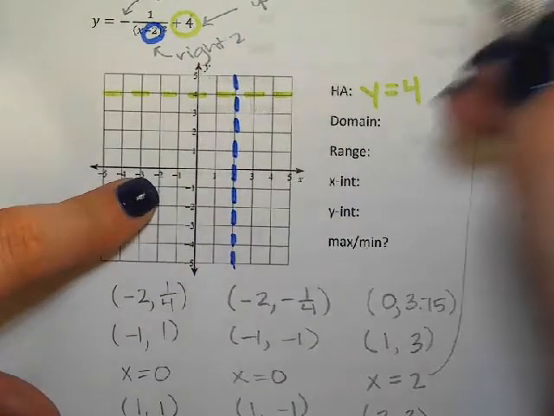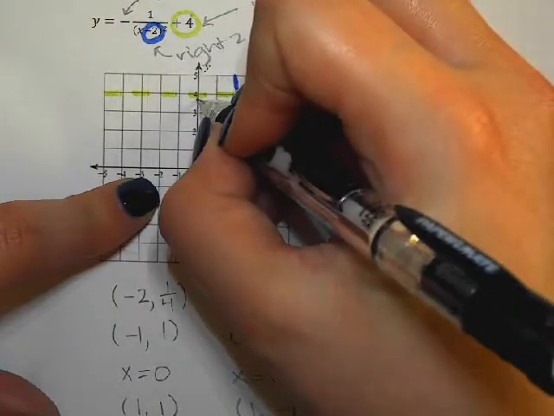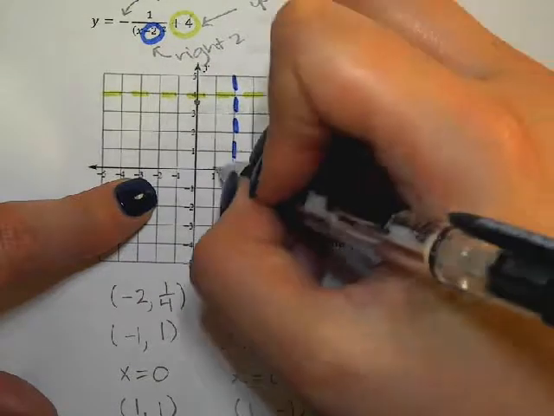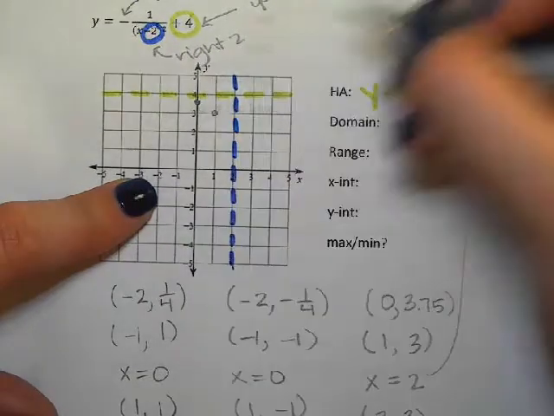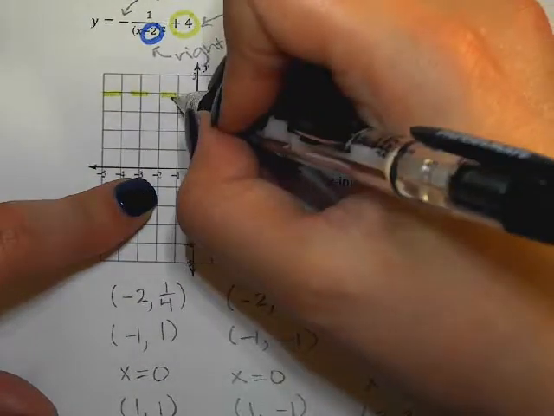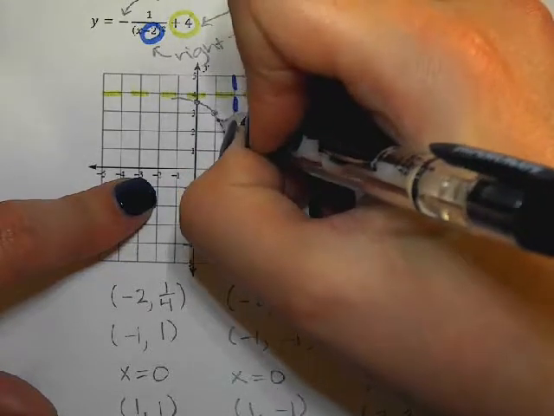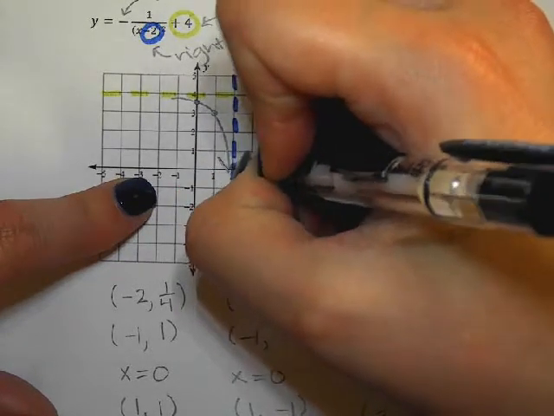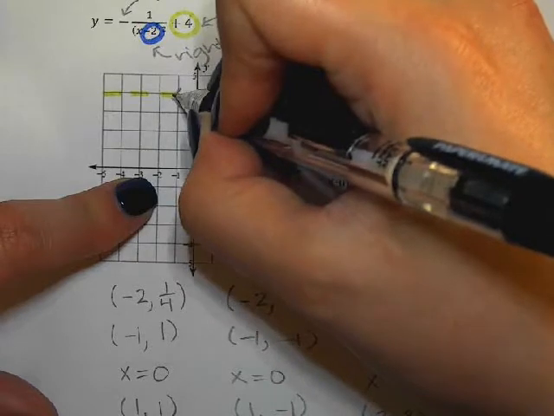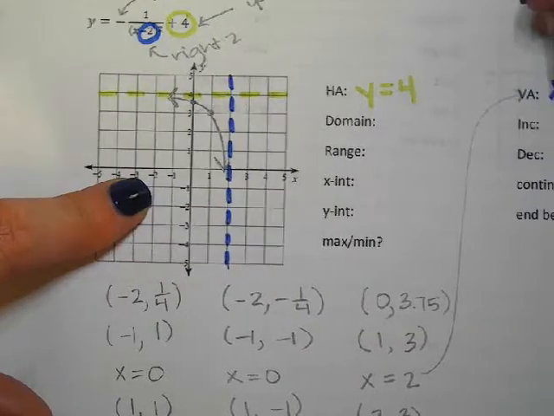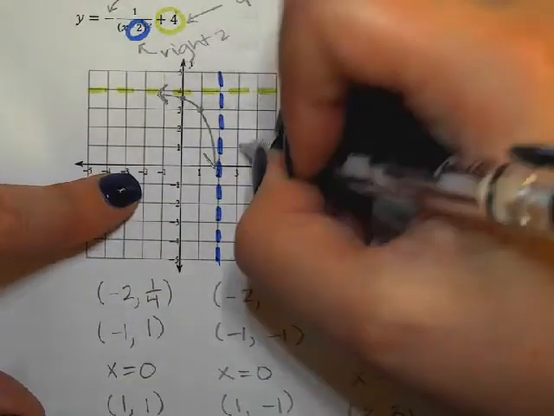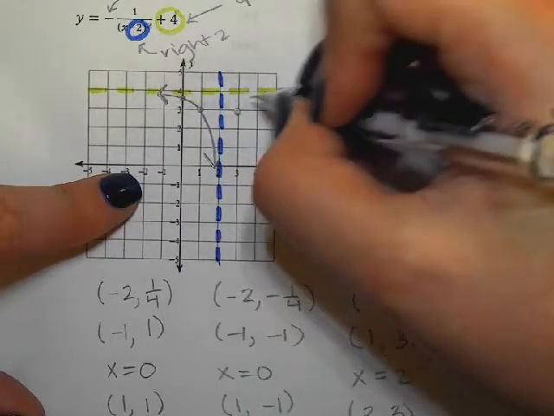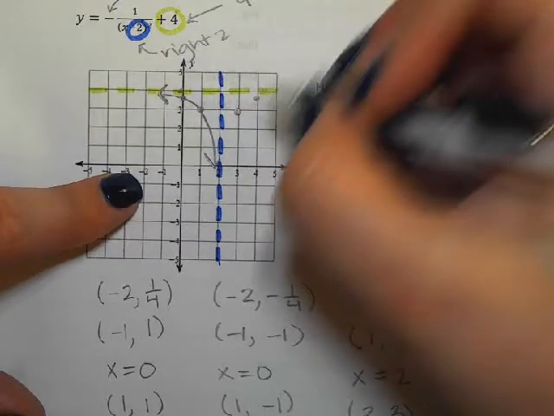So 0 and 3.75 would be right up there. 1 and 3 is right here. And we know that when we have asymptotes, the curve follows the asymptote. And then we have 3, 3, and then 4, 3.75.